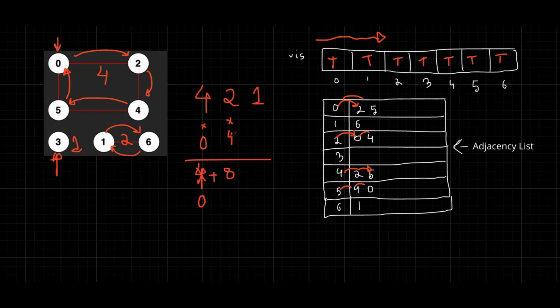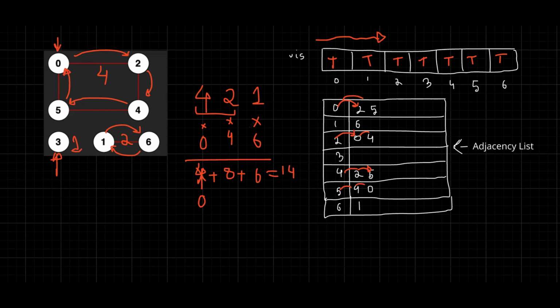Now 2 multiplied by 4 is 8, and 1 multiplied by 4 plus 2, which is 6. So in total, there will be 14.